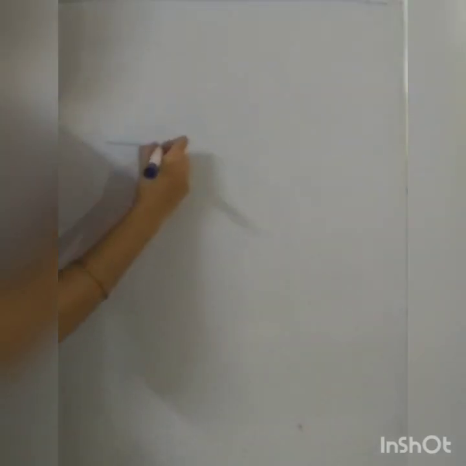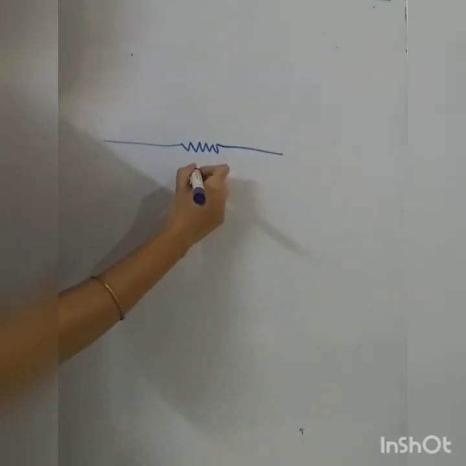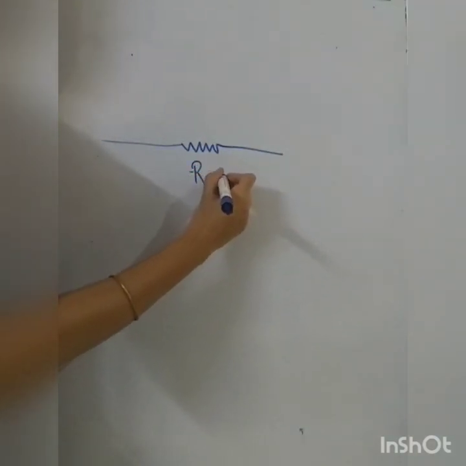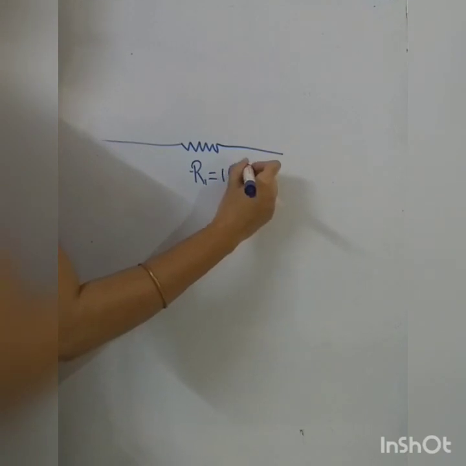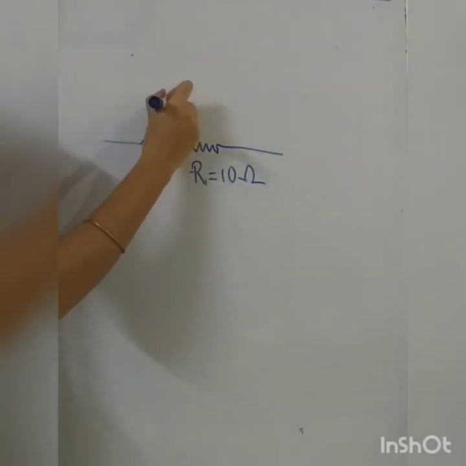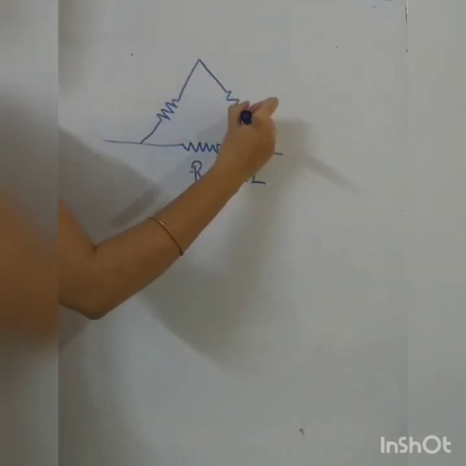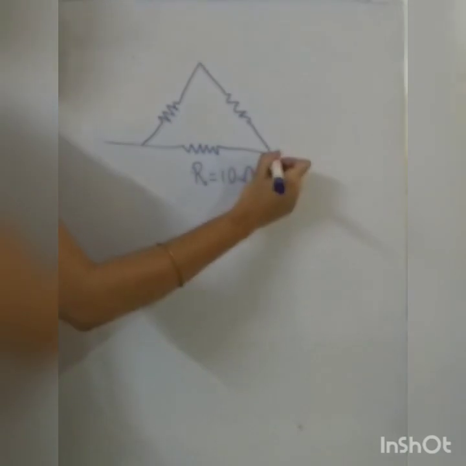So here is one circuit. This is my R1 resistance with value of 10 ohms. This is my second resistance and this is my third resistance.